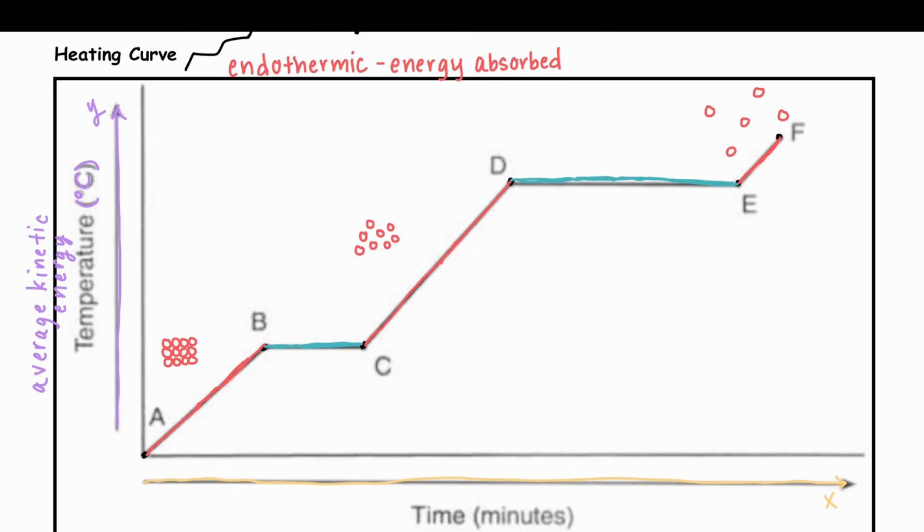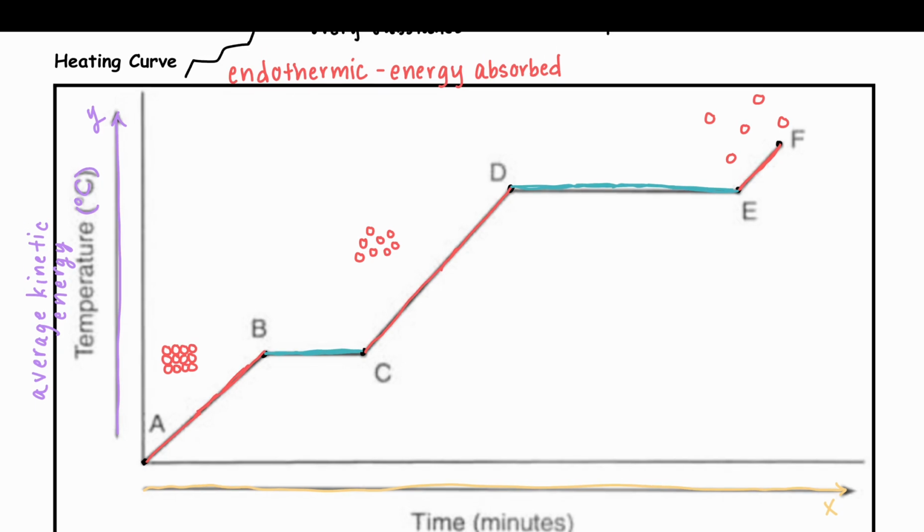The heating curve is going to represent endothermic processes in which energy is going to be absorbed. On the x-axis on the bottom, you have time. It could be in minutes or seconds or hours. Sometimes it can be represented as heat absorbed.